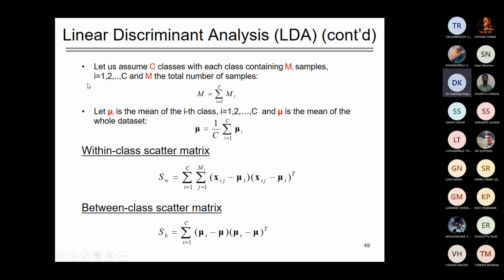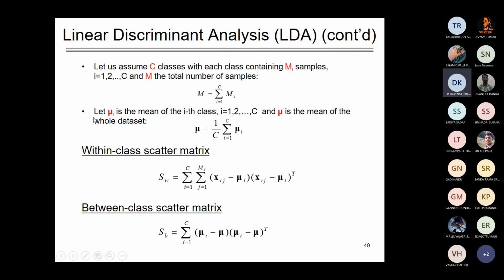Now let us consider there are C number of classes, with each class containing N_i number of samples. Here i can vary from 1 to C, and M is the total number of samples.